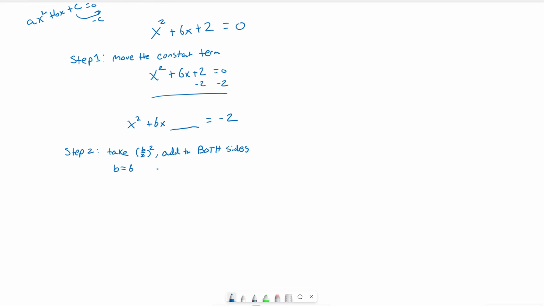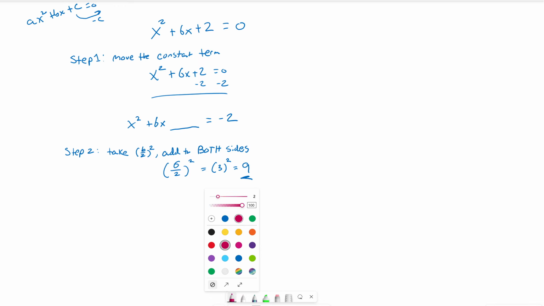So b over 2 squared is going to equal, oh my gosh, my 6's and b's look so similar. All right, so this is supposed to be a 6 over 2 squared, which equals 3 squared, which equals 9. So I'm going to take this 9 and add it to both sides.